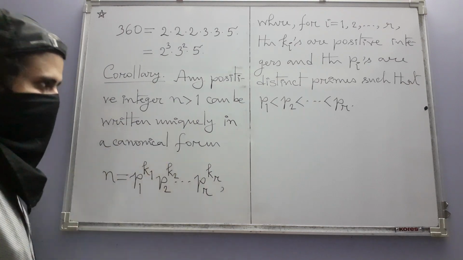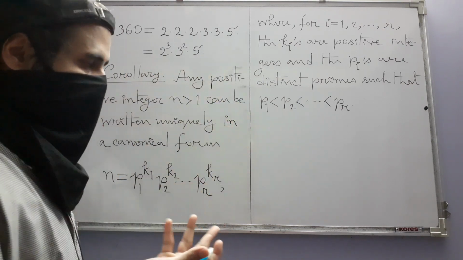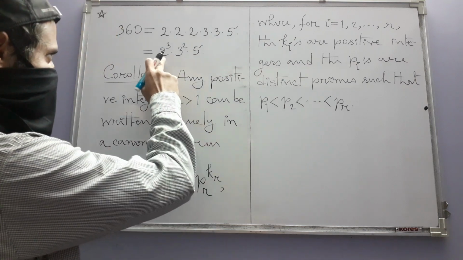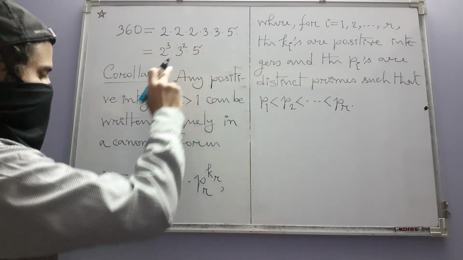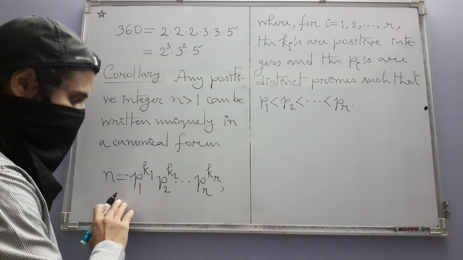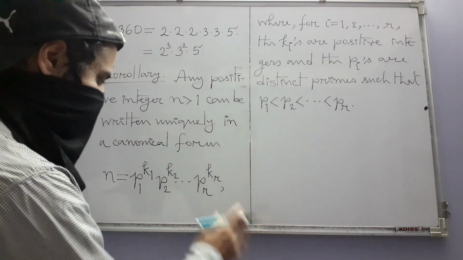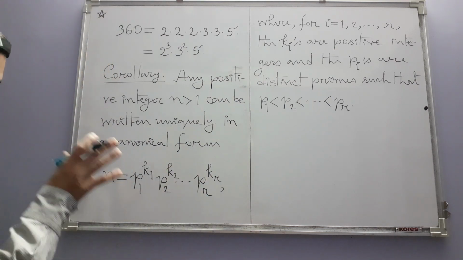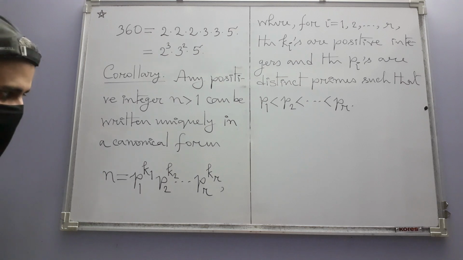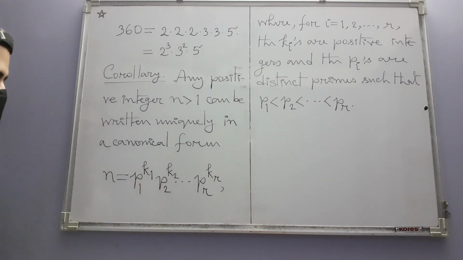So here the pi's are distinct, and of course, because we can change the order as we like, we can always arrange the primes in increasing order. So this is called the canonical factorization of the positive integer n.